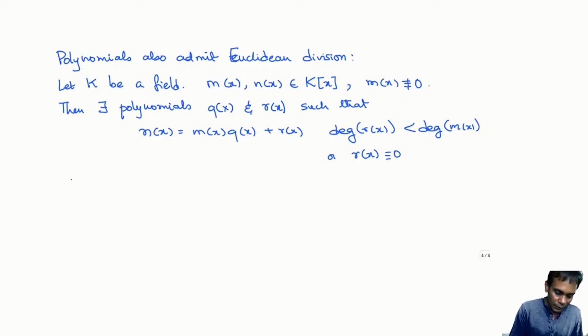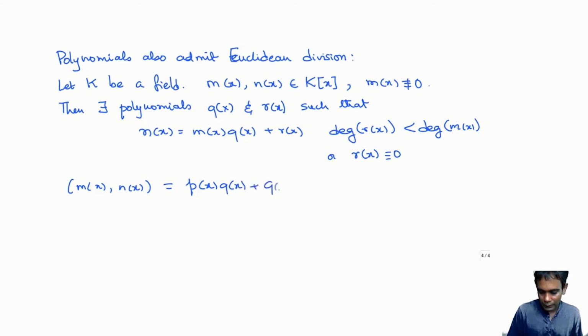So again, given two polynomials m(x), n(x), the ideal generated by them is just p(x)m(x) plus q(x)n(x), all polynomials of this form, where p(x) and q(x) are any polynomials in K[x].